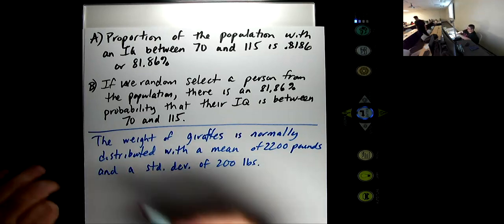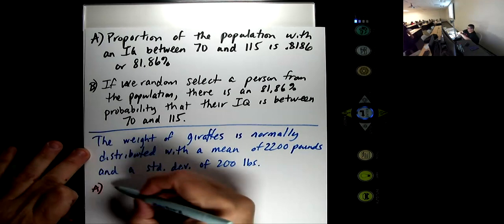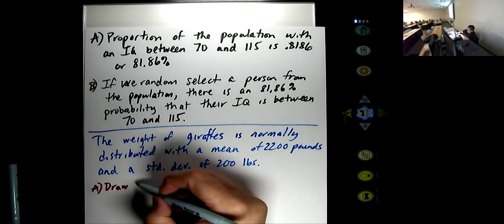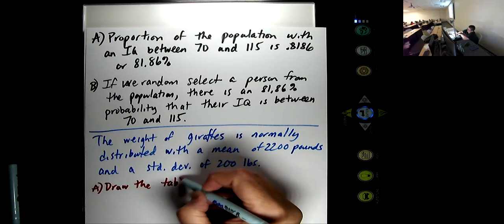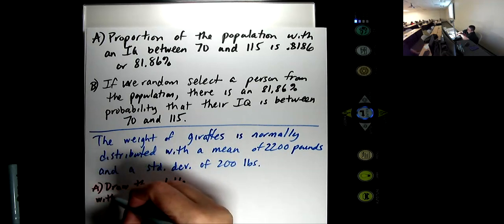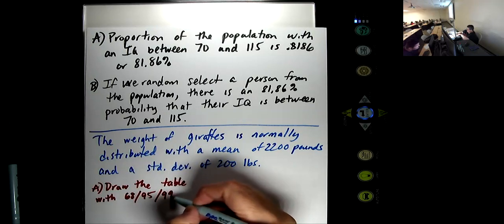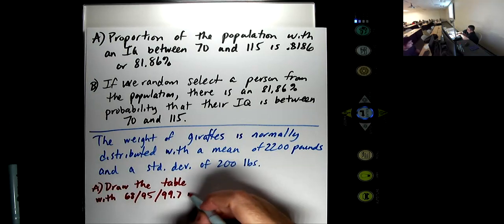So they might ask you to do a couple things on the homework, like draw the table with 68, 95, and 99.7 marks.